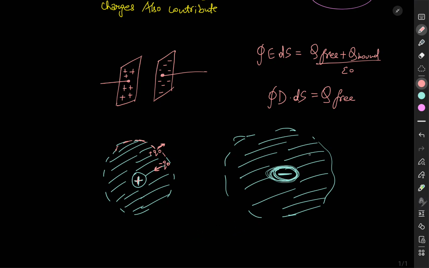Similarly, if we keep a positive charge in the field of this negative charge, it will be attracted, whereas if we keep a negative test charge, it will be repelled by this negative charge.